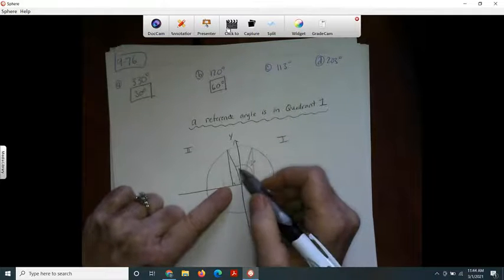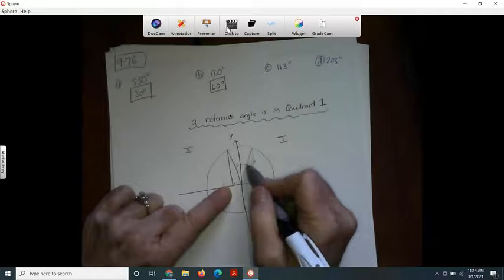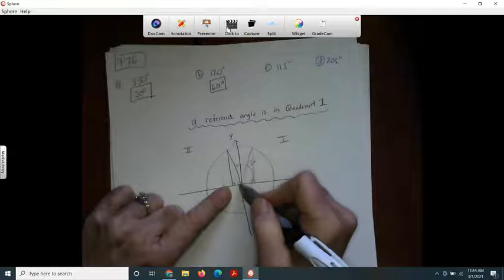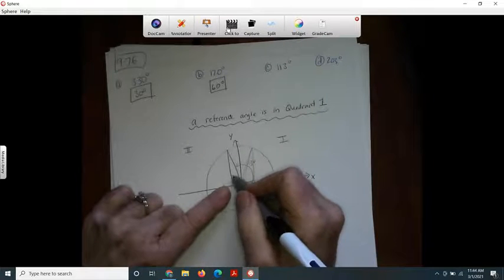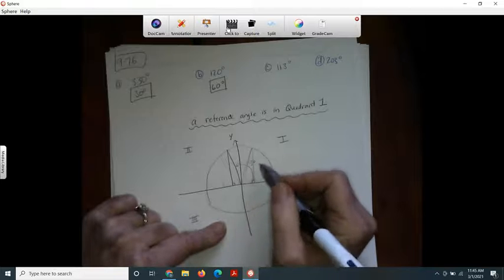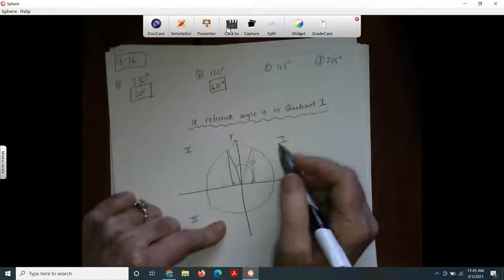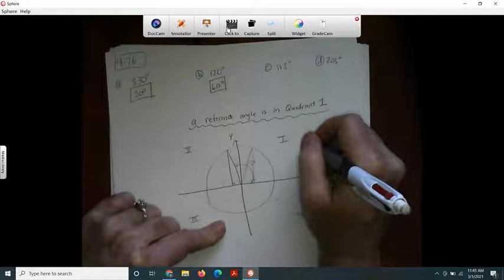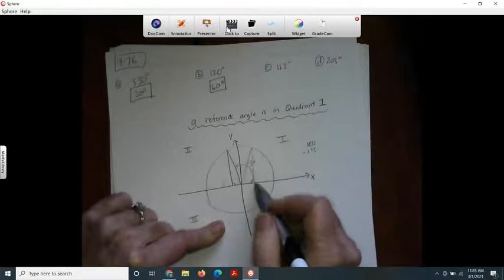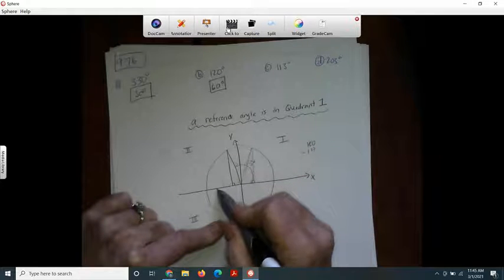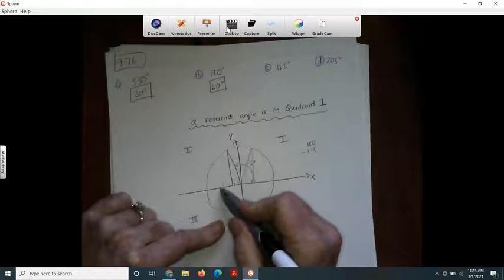So what I could do is subtract from 180. I could go 180 minus 113, because if it's all the way down, it's 180. And if I back it up by this much, it'll be 113. I think it's 67.